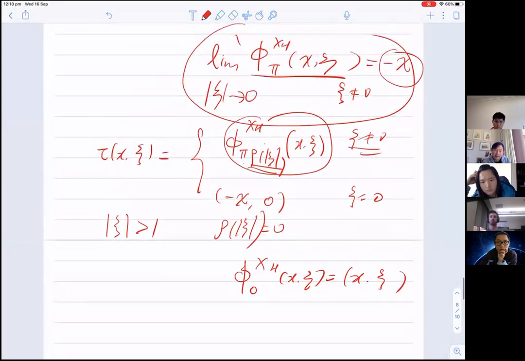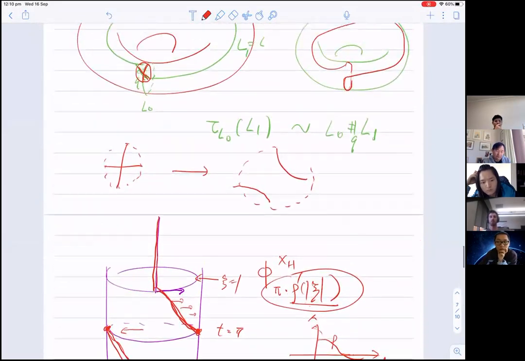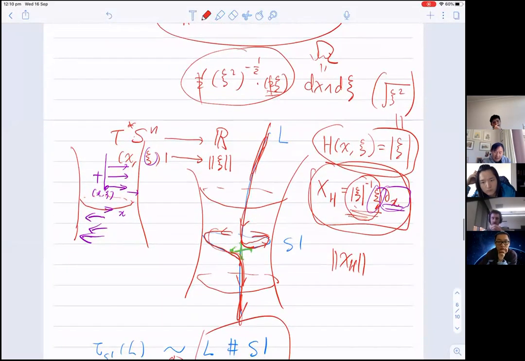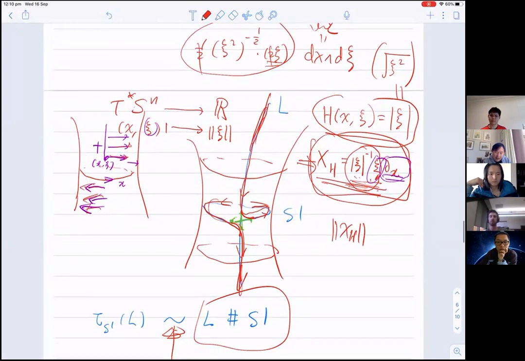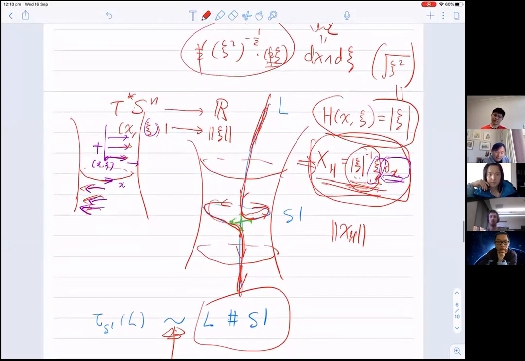Right? So I apply this function, starting with this function. Then I calculate the Hamiltonian vector fields, and the unit vector is not defined on the zero section. On the top it is going this way, on the below it is going the other way. And then I use this cutoff function such that away from this, it is 0.